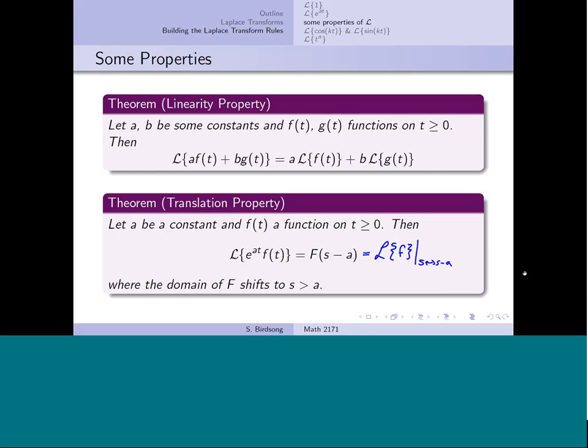So that also means that your domain for s is going to shift from the standard s is bigger than 0 to s is bigger than whatever your a was, and that a comes from that constant, that coefficient up there in the exponent of e. Okay? Kind of makes sense, slightly makes sense. I'm going to assume slightly, and let's see how this would work in an example. So next thing is an example.